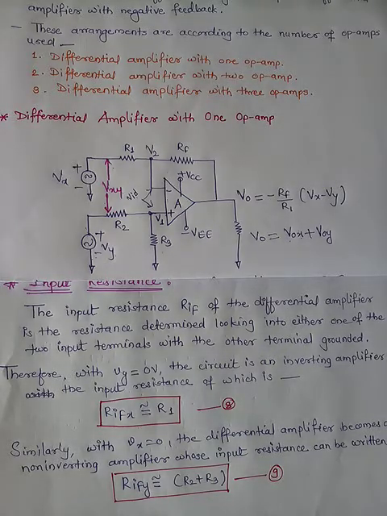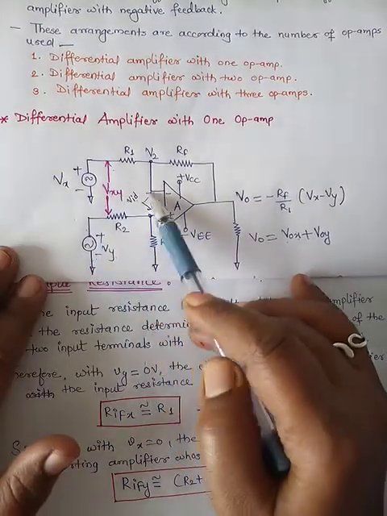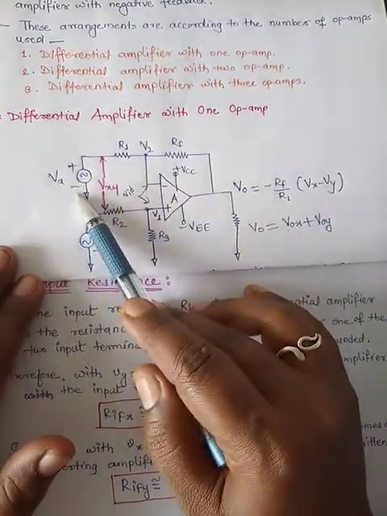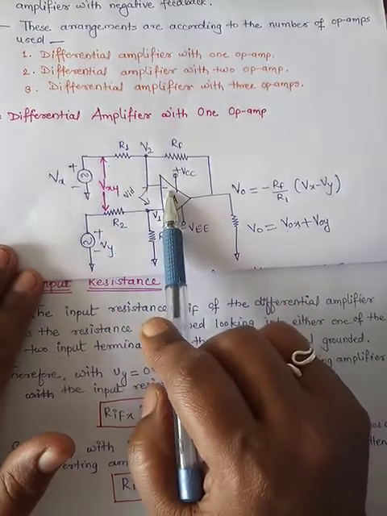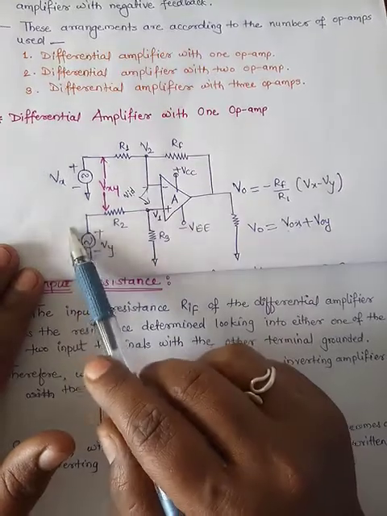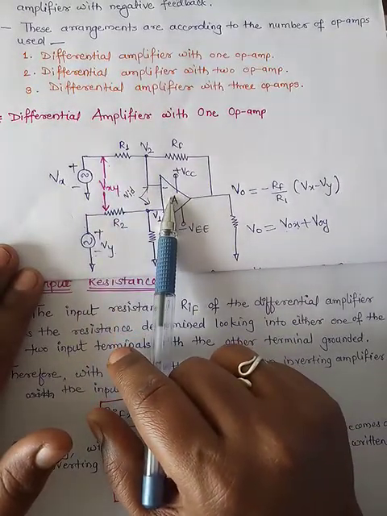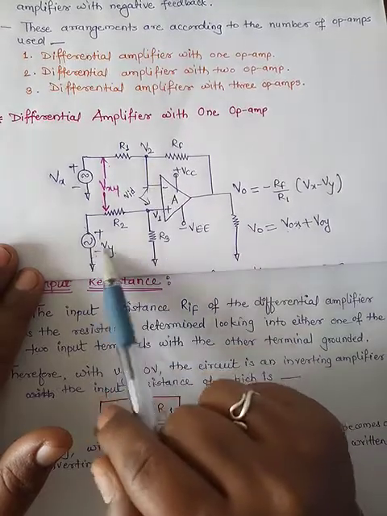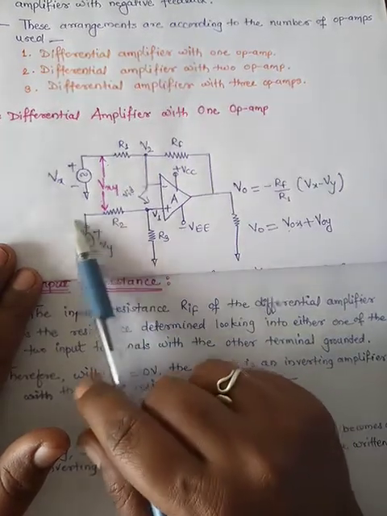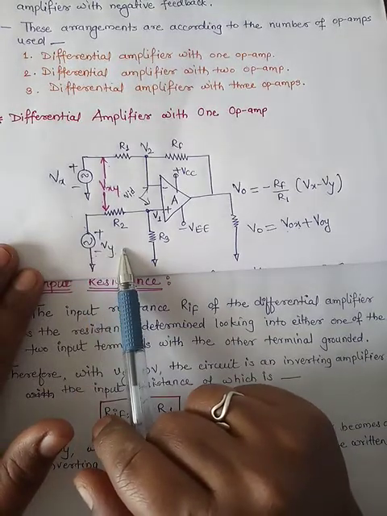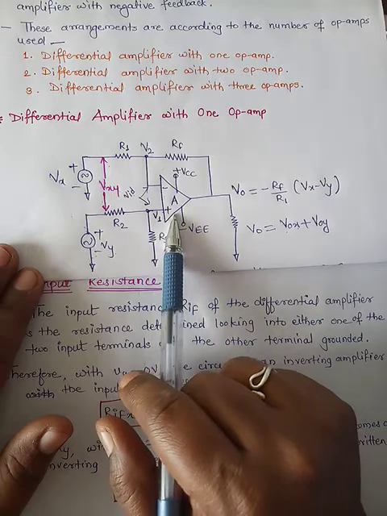What it means is that when we are looking into the inverting input terminal, where Vx is the signal source given to the inverting input terminal, at that time, for input resistance with feedback, Vy must be equal to 0. If Vy is equal to 0, what is the input voltage V1? V1 is equal to 0.